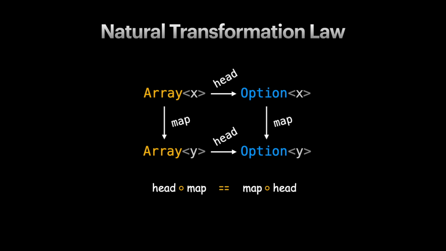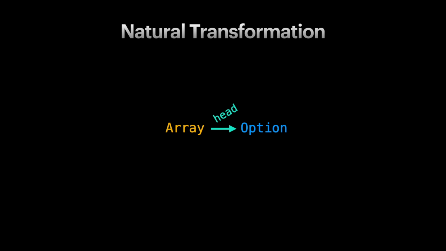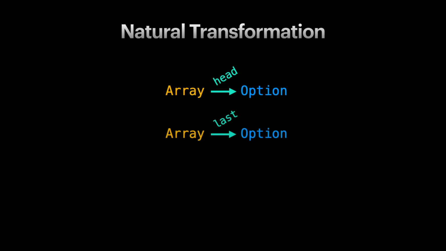Naturality states that a transformation between two functors is a natural transformation if, for any morphism between x and y, the diagram above commutes, meaning no matter which route we take, the result is the same. And if that happens, we have a natural transformation. By the way, natural transformations are not unique to the pair of containers. We may have multiple natural transformations from array to option.